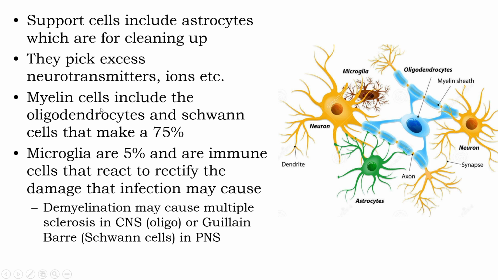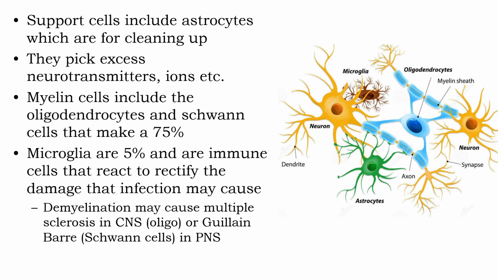The myelin sheath is made up of oligodendrocytes and Schwann cells, depending on which part of the nervous system they're from. Microglia are 5% and are immune cells. They react to rectify damage or infection to the neuronal components.